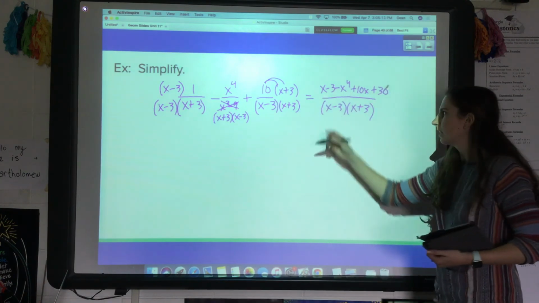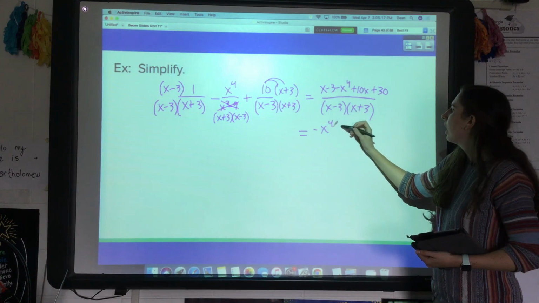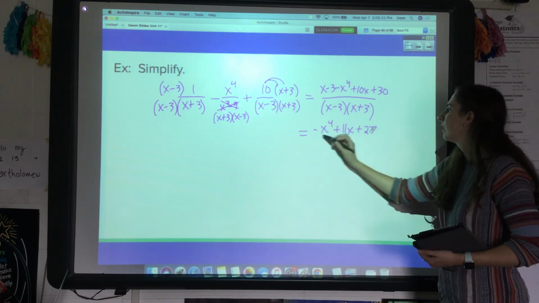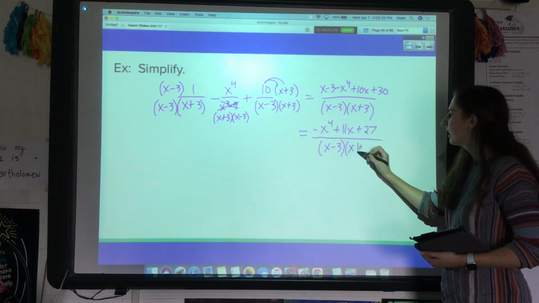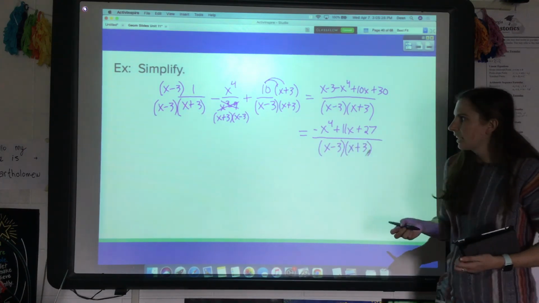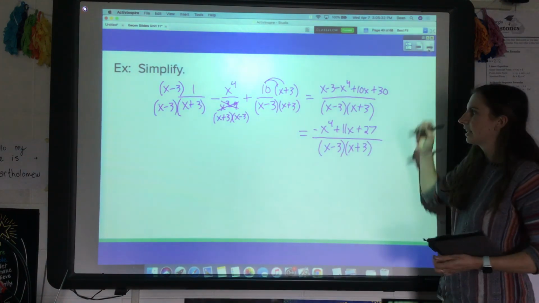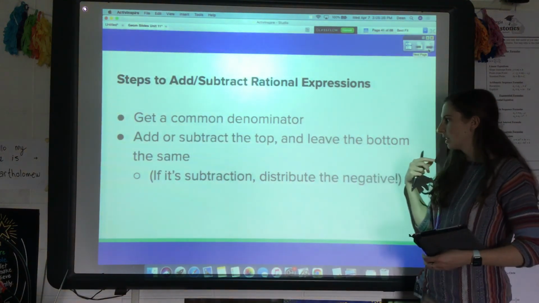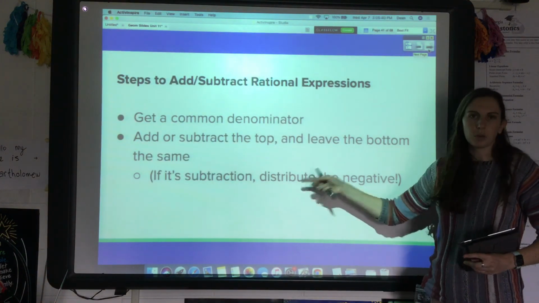Which, if I combine all these like terms, I get negative x to the 4th plus 11x plus 27. All right. So, again, expressions like this work just like regular fractions. Get a common denominator, add or subtract across the top, leave the bottom as it is, and just be careful with subtraction.